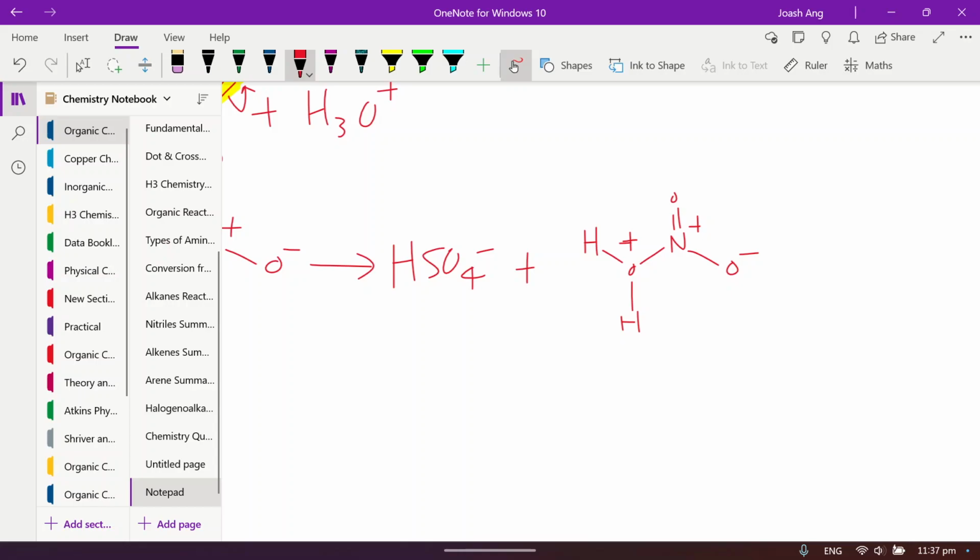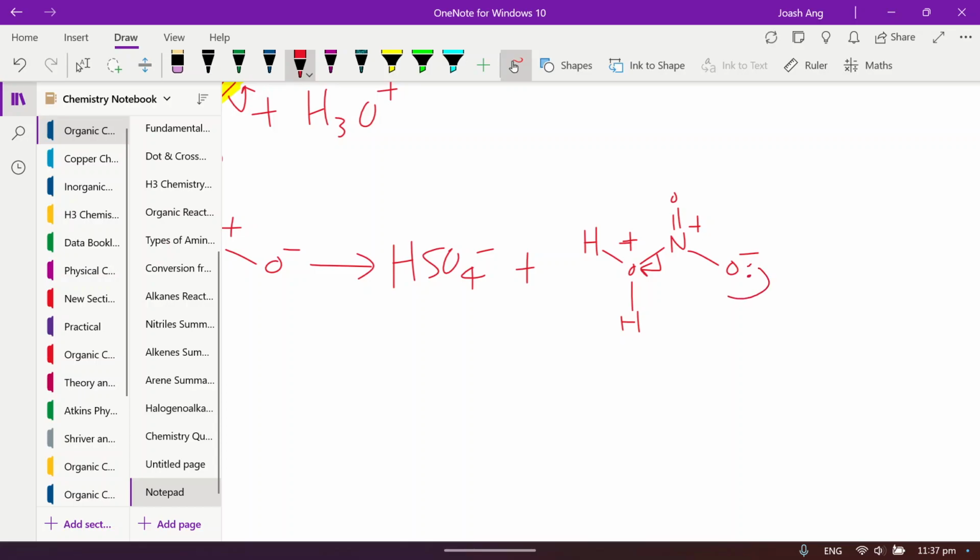At the end of the day, the NO bond pair will be pushed to the oxygen because the oxygen is positively charged. So electron rich goes to electron poor to form a water molecule as well as your NO2 plus.